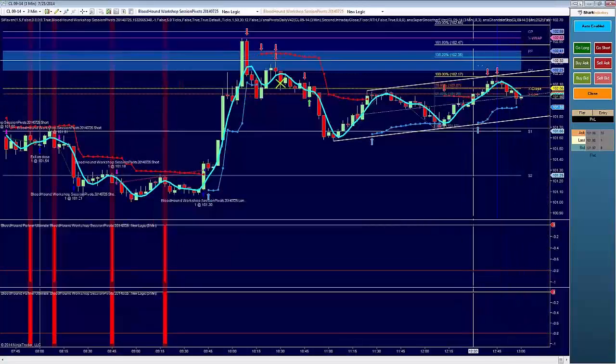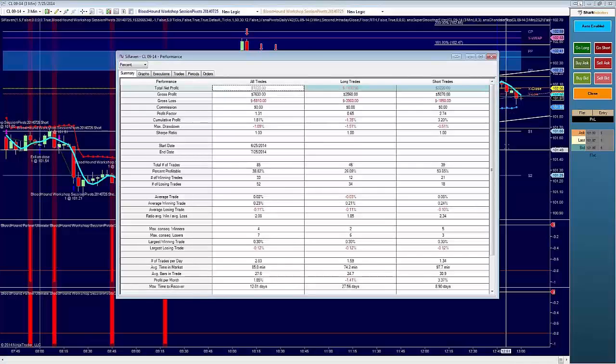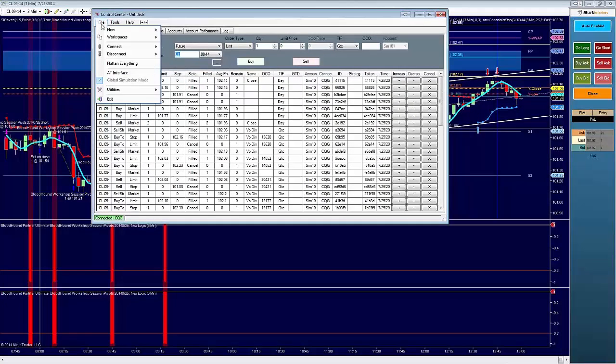You can optimize, I'll show you that real quick, because I don't think anyone realizes that we can actually do that. We can optimize profit targets and stop losses. So I'm going to go now to File, New, Strategy Analyzer.